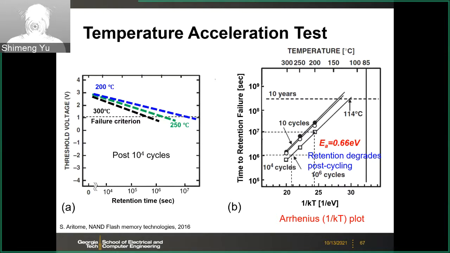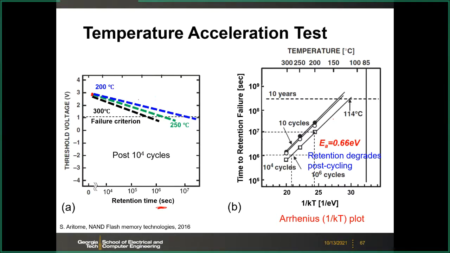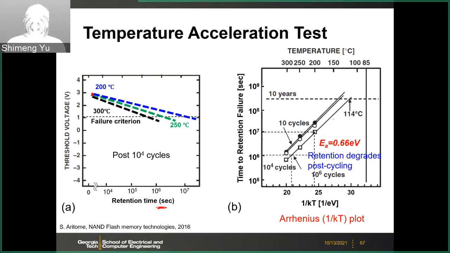So here what you need to do is to apply very high temperature, higher than normal operational temperature. For example, 300 C or 250 C or 200 C, you vary the temperature and then you monitor the threshold voltage change over time. And then it may have this kind of degradation. Of course, with higher temperature, the degradation happens faster, so the VTH shifts faster.